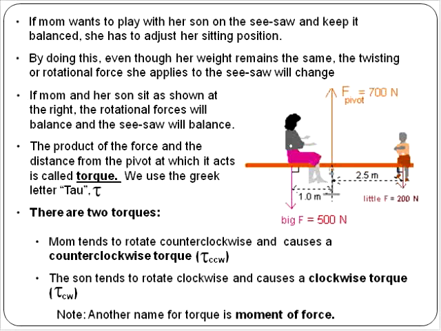Now, if the mom wants to balance the seesaw, in other words, she wants to play with her son and balance the up and down motion of the seesaw, she has to move. She can't sit at the end and the boy sit at the other end. That doesn't work. So what's going to happen is the mom is going to have to move in closer to the center, and that just makes sense.